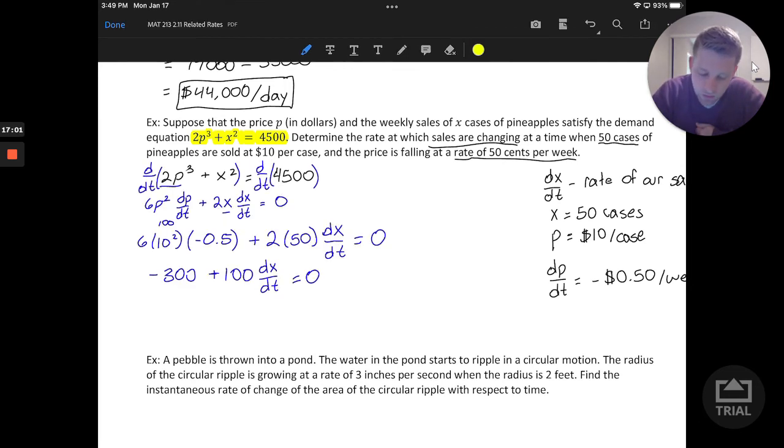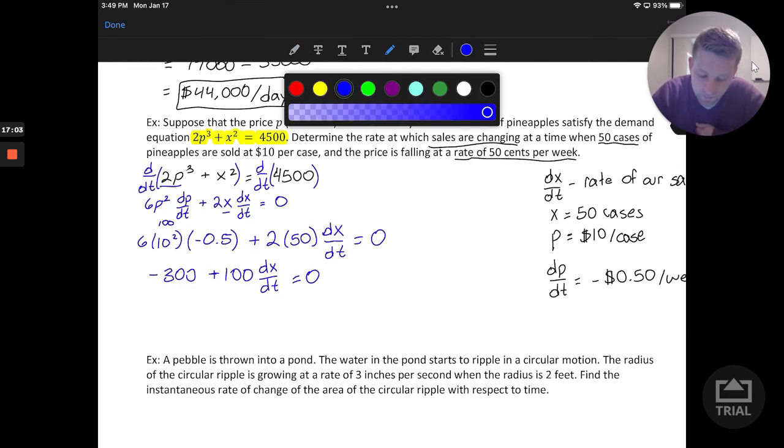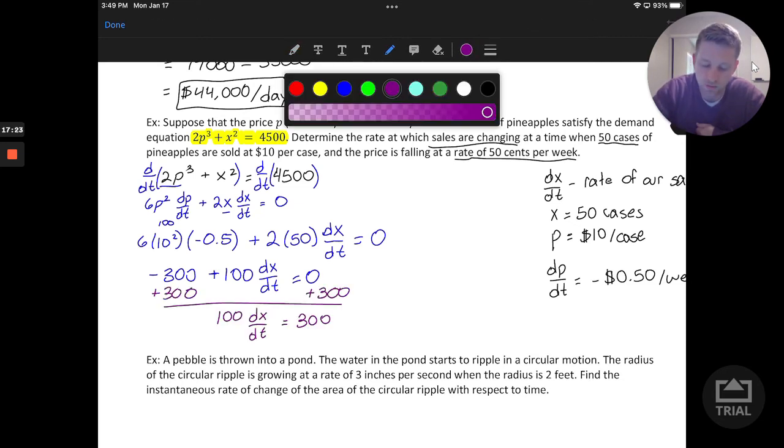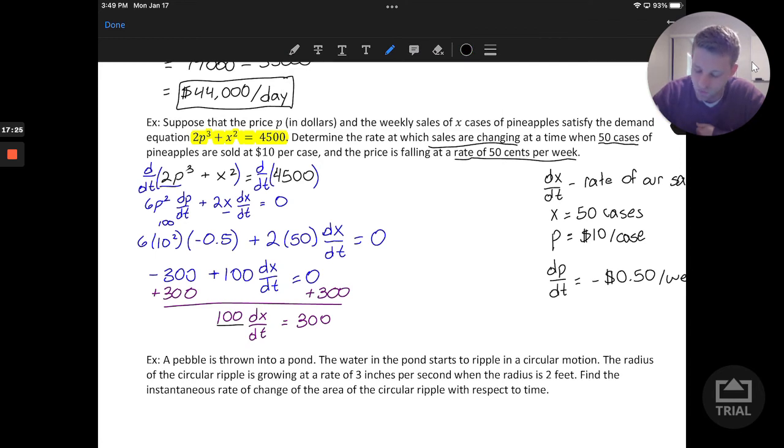So adding 300 to both sides will get us pretty close to what we need here. 300. And dividing by 100 looks like we will come out as an even 3.